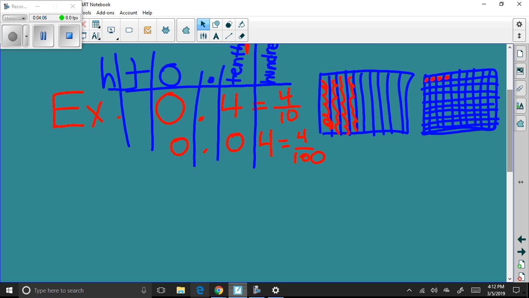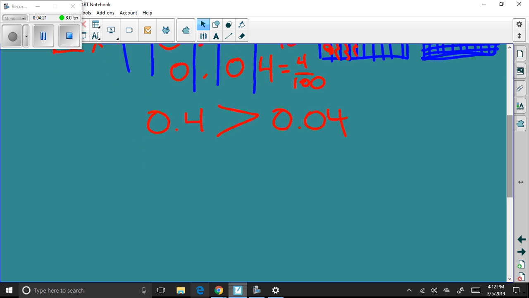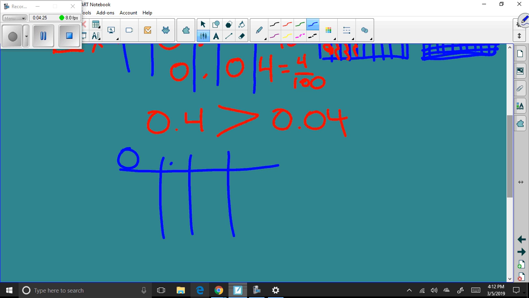So then if I go to compare those numbers, 4/10 and 4 hundredths, I know that 4/10 is greater because it has more. Now, one thing that's true, I'm going to make a whole new place value chart here. So my ones, my decimals, my tenths, my hundredths.